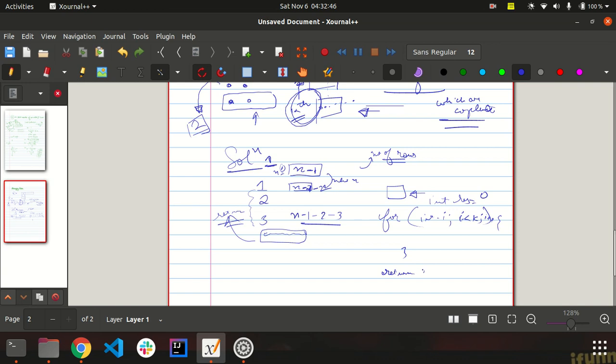And here we can return result. Now we just have to check whether the number of coins is enough for this particular case. So in this way we can solve this question.